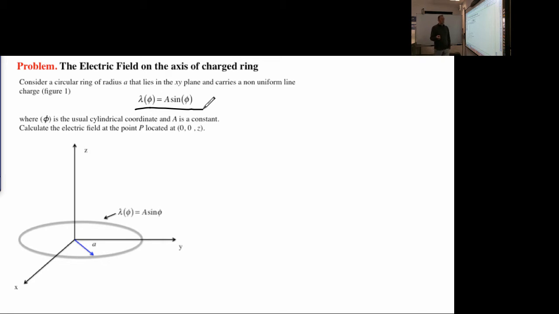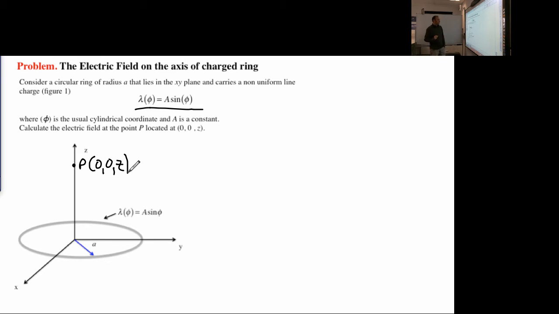And phi is the usual cylindrical coordinates, it's our azimuthal angle, and A is a constant. And what we want to do is calculate the electric field at some point P, which is located at 0, 0, Z.